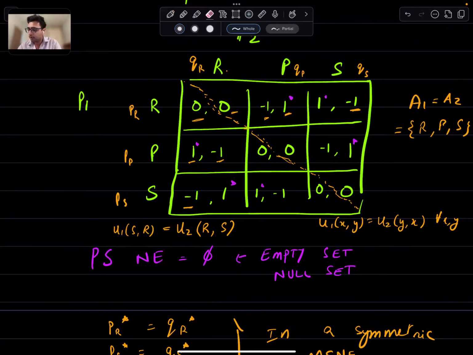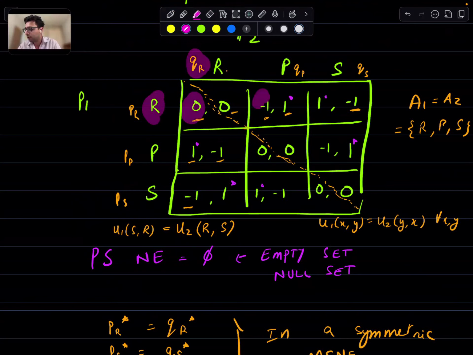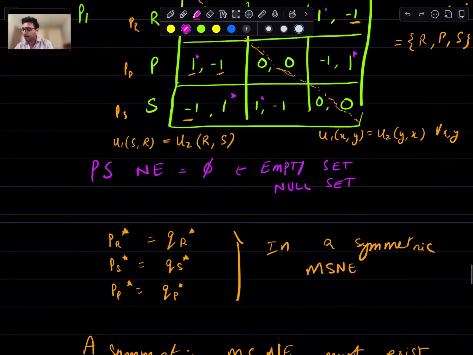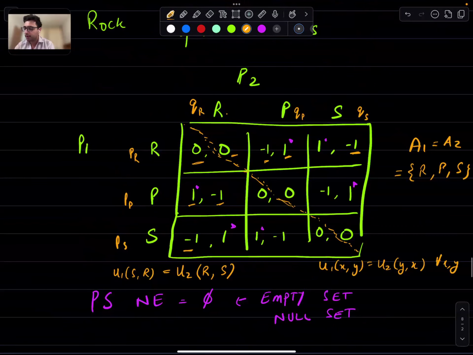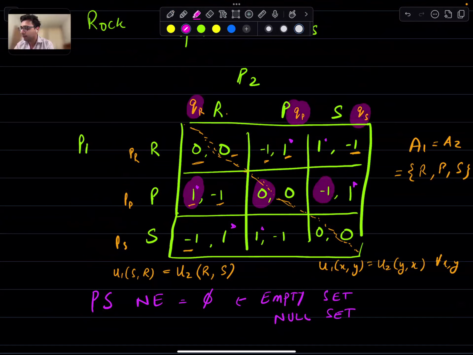From choosing R, player 1 will get 0 with the probability QR, -1 with probability QP, and 1 with probability QS. So that's just QS minus QP. From choosing paper, player 1 will get 1 with the probability QR, 0 with probability QP, -1 with probability QS.